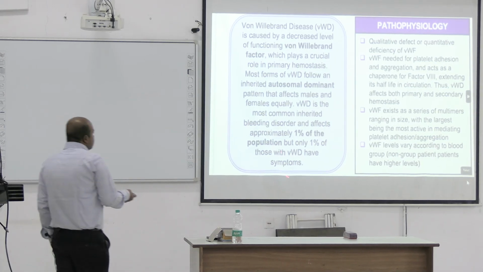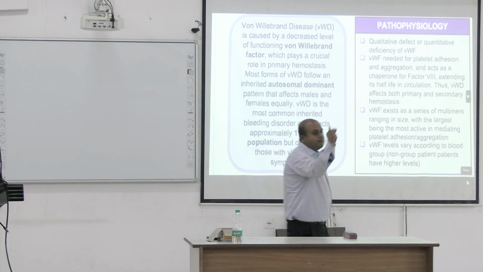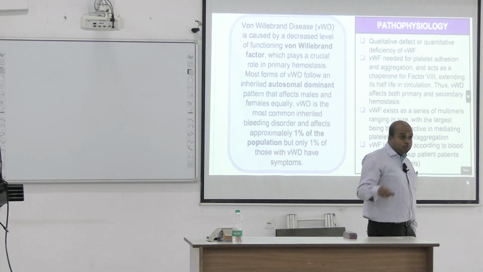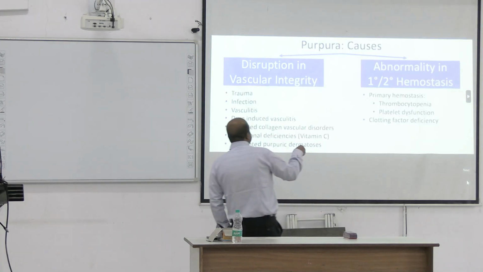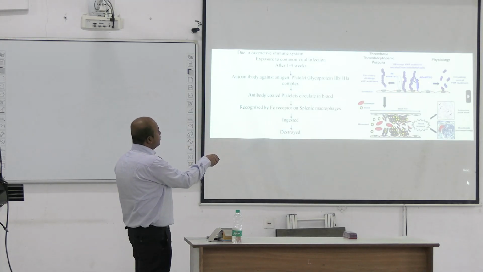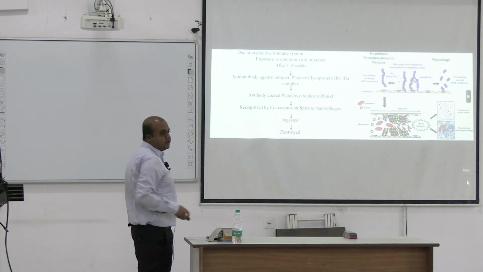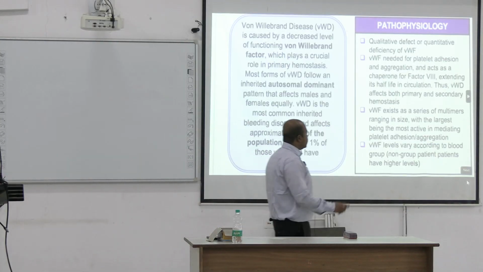Okay. VWF exists as a series of multimers. VWF multimers are formed in blood, and those are broken down by an enzyme called ADAMTS13.